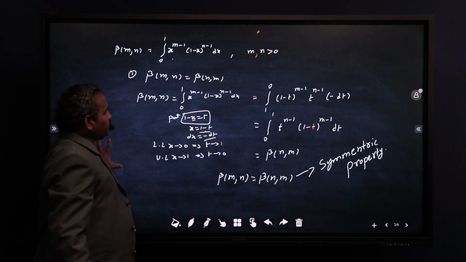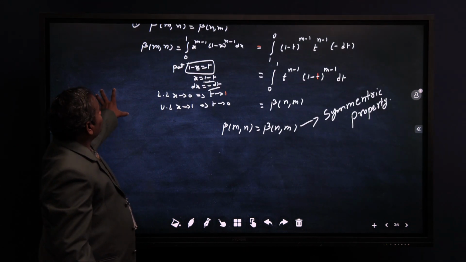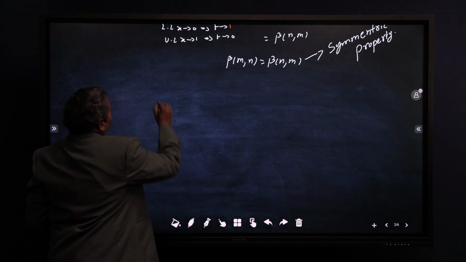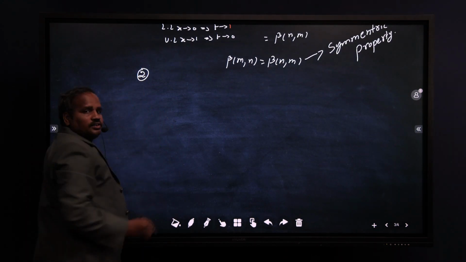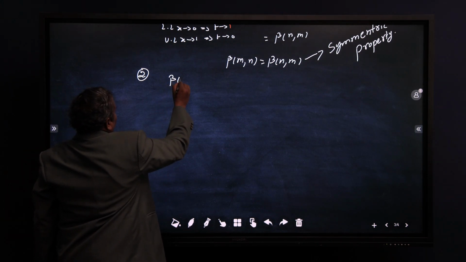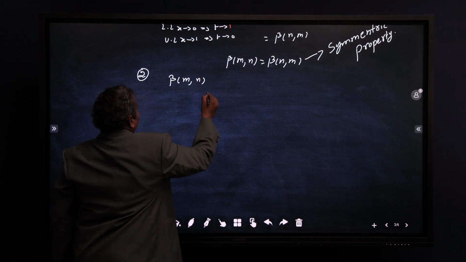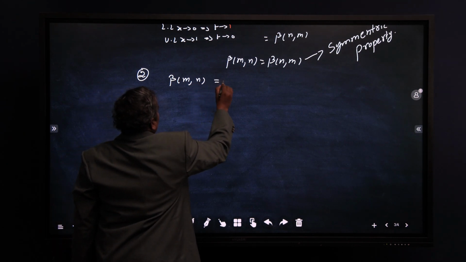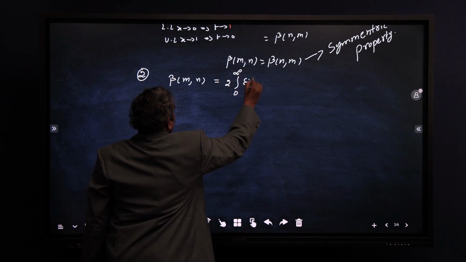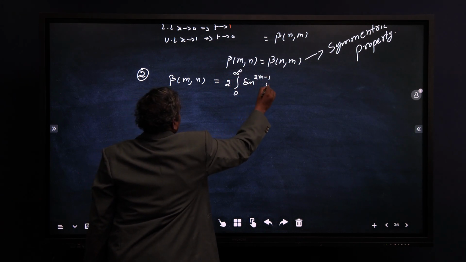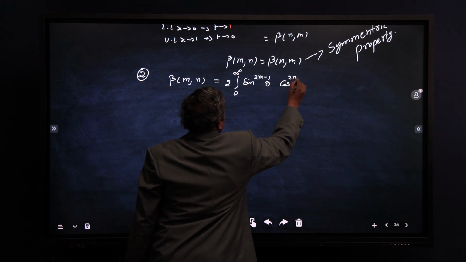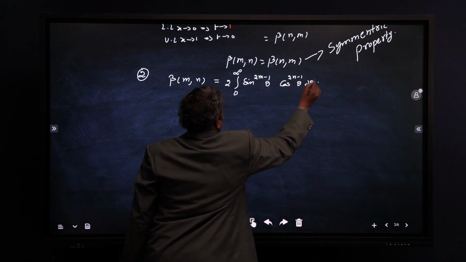Now we are going to discuss one more property of the beta function. That one is the second one: beta of m comma n is equal to 2 into integral 0 to pi by 2 sine power 2m minus 1 theta cos power 2n minus 1 theta d theta.